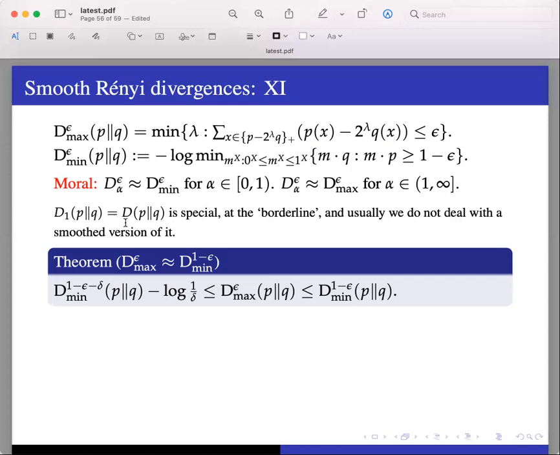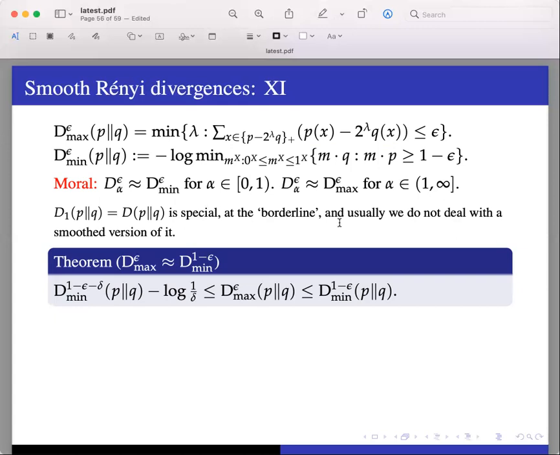And usually we will not deal with a smoothed version of it. One reason is that below the borderline, quantities tend to d epsilon min, and above it, quantities tend to d epsilon max. Also the smoothing is different for d epsilon min and d epsilon max, as we've argued.